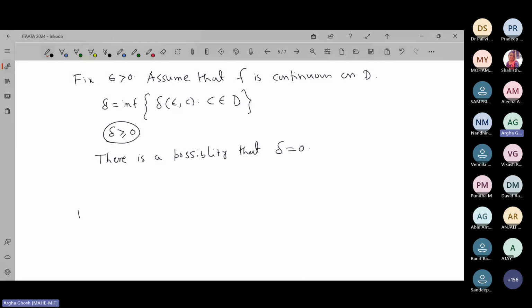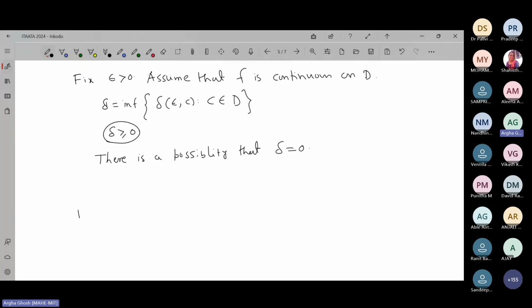Other way to say, there might not exist any delta which will work for all C. But there might be a possibility that one delta exists which will work for all C. There might be a function for which this will work.